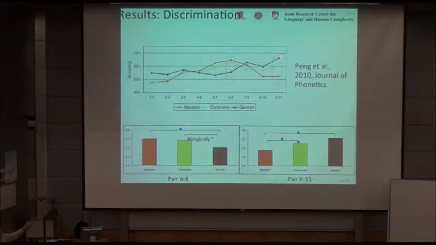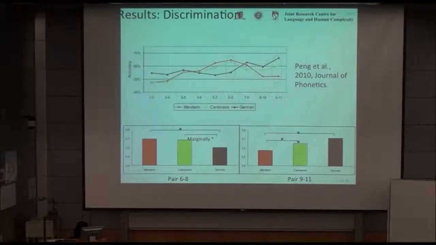And here, for the German group, we replicate the result. The German group obtained the highest discrimination accuracy at the level end. This pair is stimulus number 9 versus stimulus number 11.